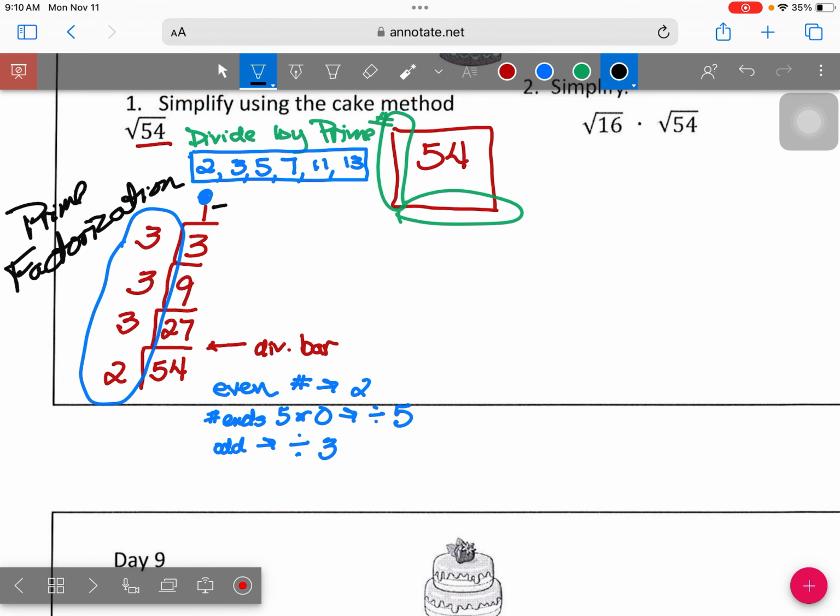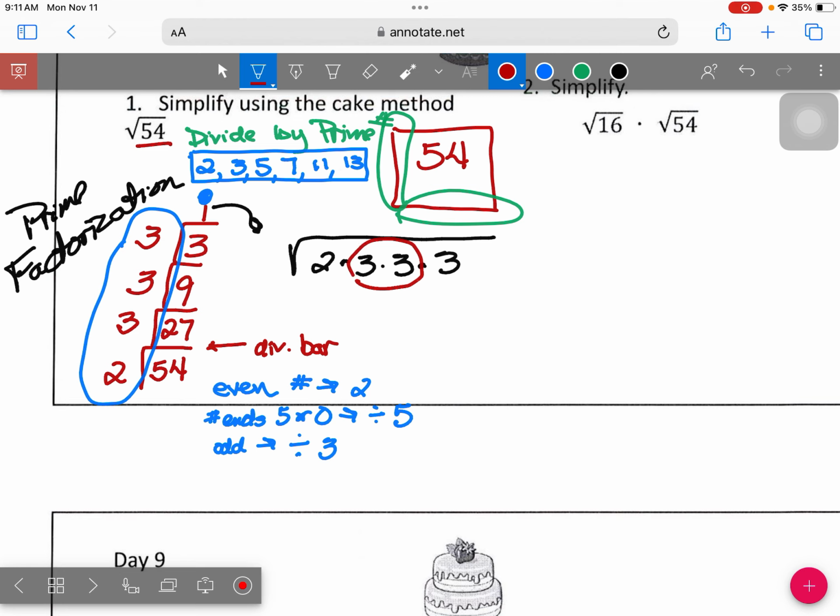So I am going to rewrite that prime factorization, starting with my smallest number, as 2 times, yes, we're multiplying when we're inside and under the radical sign, 3 times 3 times 3. Okay? You are going to look for any pairs of numbers.